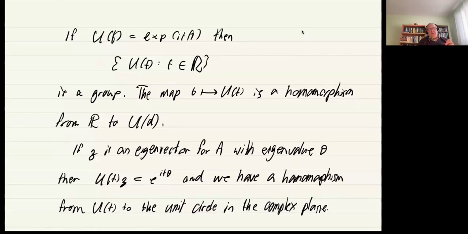In fact, it's a commutative group. We say that the map that takes a real number t to U of t is a homomorphism from the reals to the group of d by d unitary matrices.